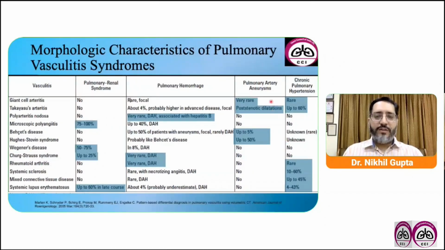Pulmonary artery aneurysms are seen in giant cell arteritis, post-stenotic dilatations in Takayasu arteritis, and in Behçet's and Hughes-Stovin syndrome. Chronic pulmonary hypertension is generally seen in giant cell arteritis, Takayasu arteritis in late stages, rheumatoid arthritis, systemic sclerosis, mixed connective tissue disorder, and SLE.